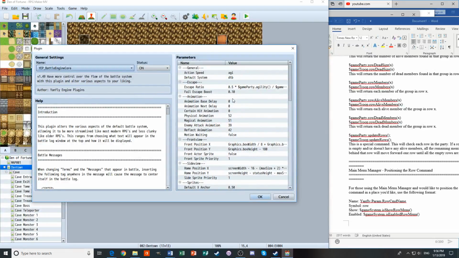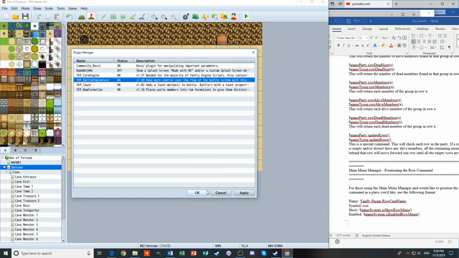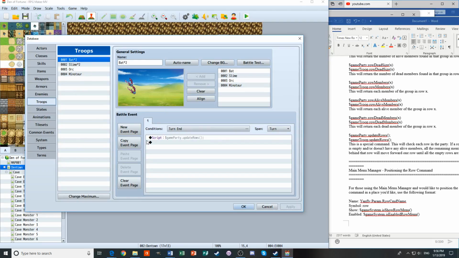What I'm looking for currently is, if we look in here under troops, Troop 1 has some script. I believe Yanfly has a script that makes it so that the Troop 1 effects act as a global script. So I could have this running in every single battle, no matter which troop is involved.